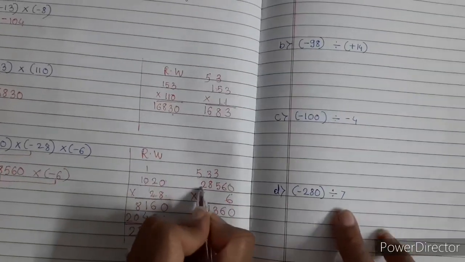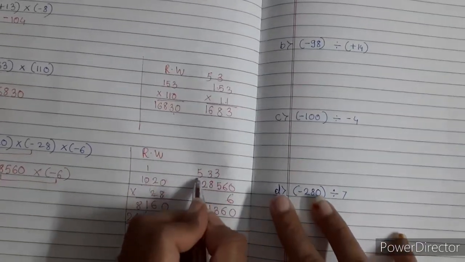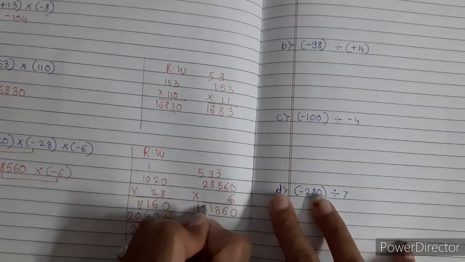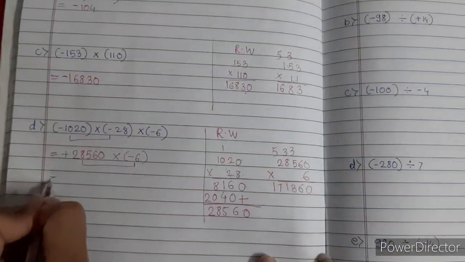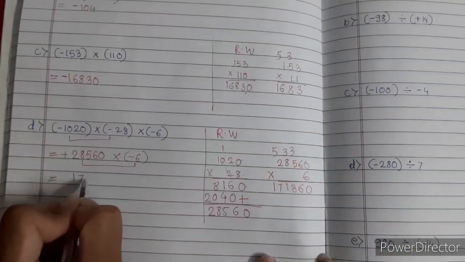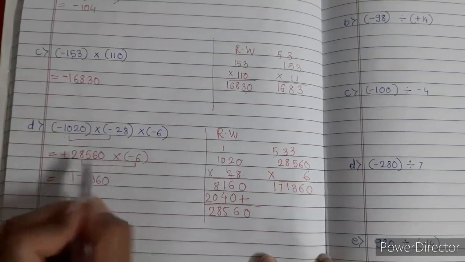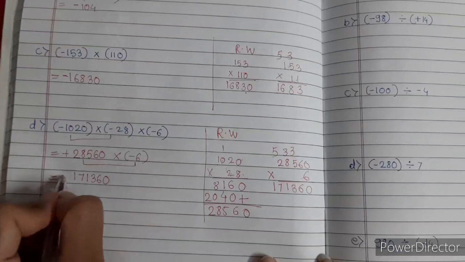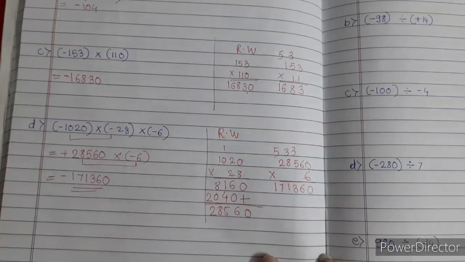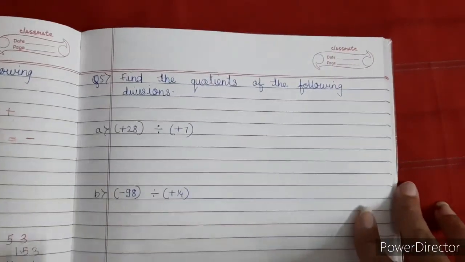And 6 2s are 12. 12 plus 5, 17. So my answer will be 171360 and both of them have different signs, so it will be negative. Now let us perform the next question.